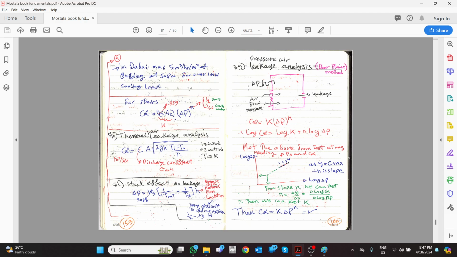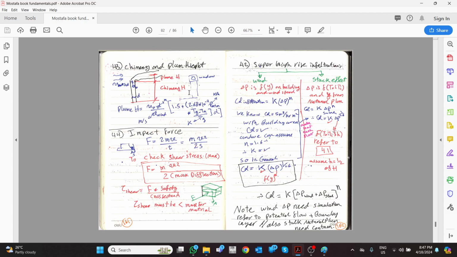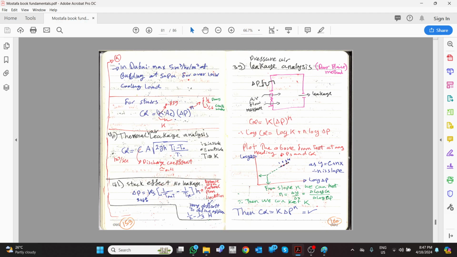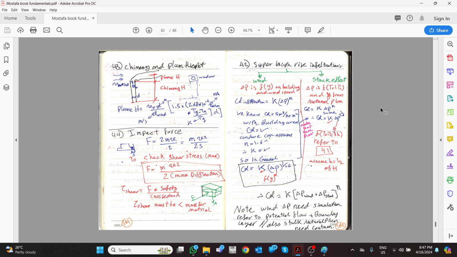Now it is a new subject, leakage analysis, pressure air leakage analysis, because we're going to have a thermal leakage analysis, and there is another, stack effect analysis. Of course, we're going to have super high-rise building filtration, which is a combination of outside wind, chimney, plume height, the impact force.